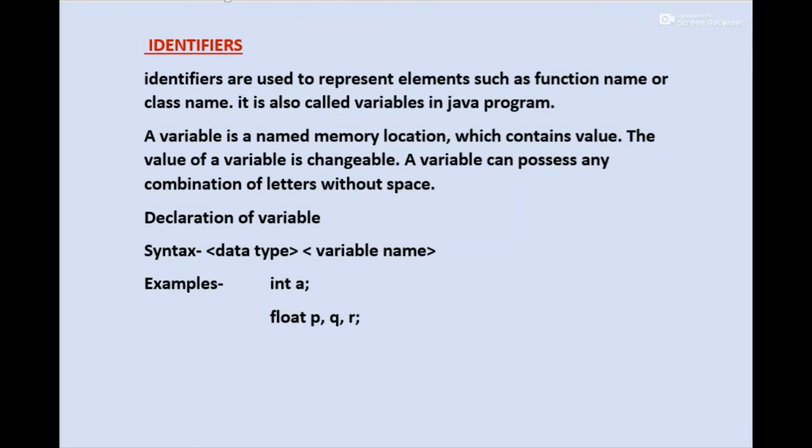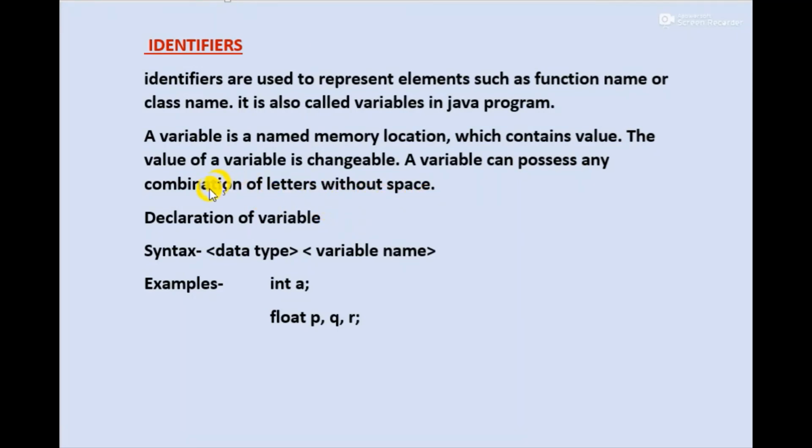One more thing: the value of a variable is changeable. Constants always remain fixed throughout the program, whereas the values of variables are changeable. A variable name can contain any combination of letters without space.